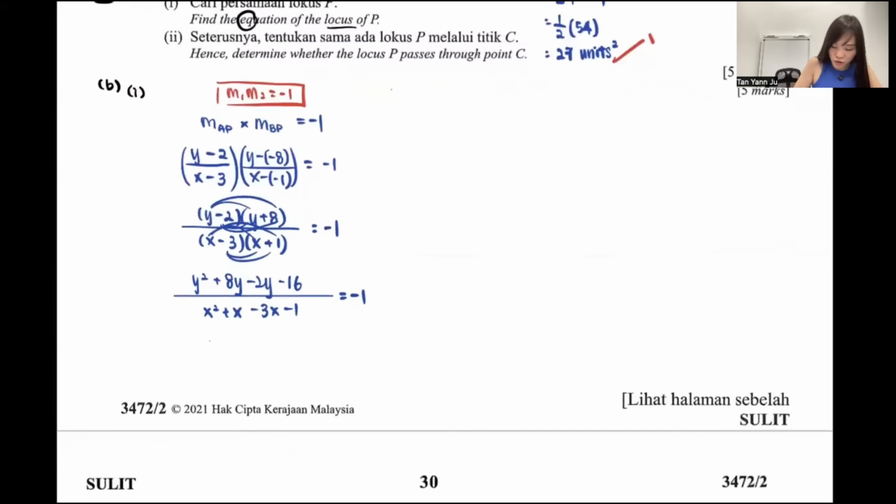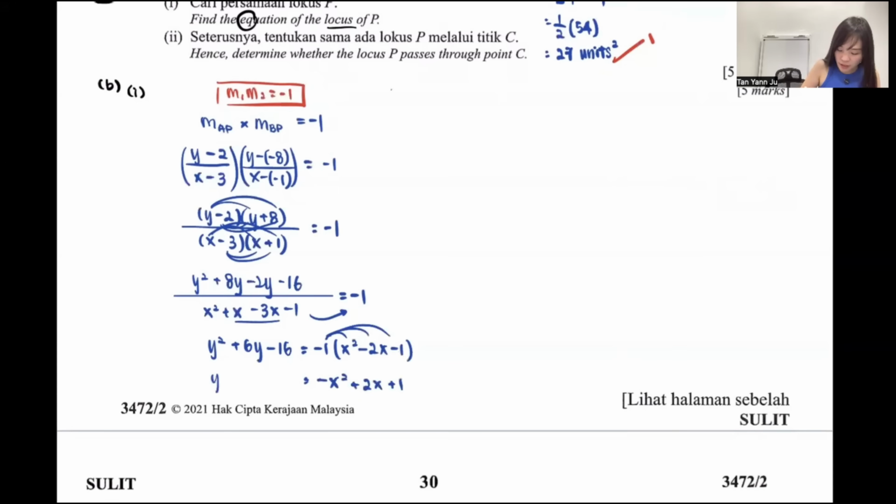Continue, so y squared, 8 minus 2, sorry, 6y, minus 16. The bottom, -1 times x squared, 1 minus 3, -2x, minus 1. Continue expanding: -x squared plus 2x plus 1 equivalent to this.